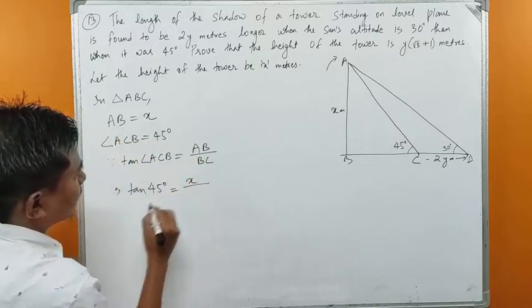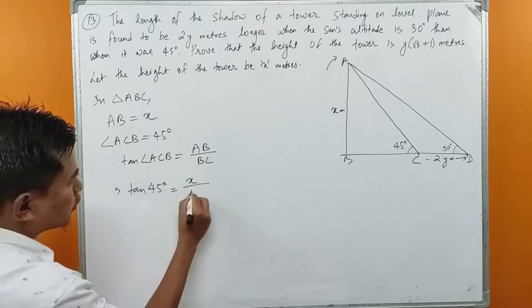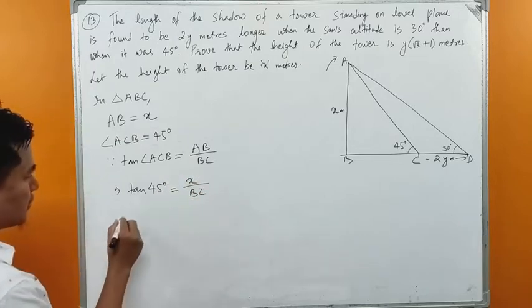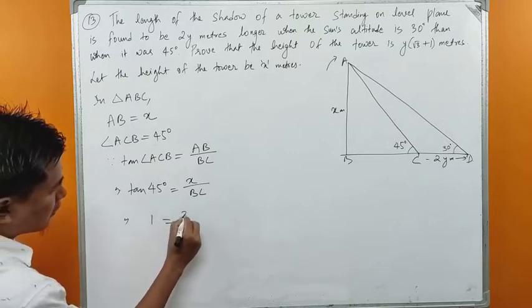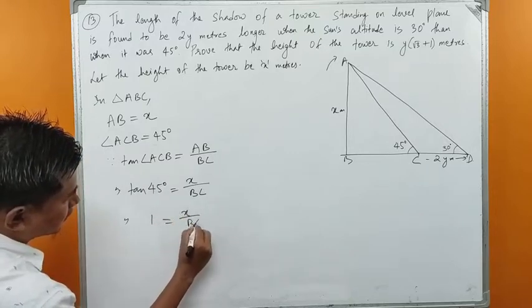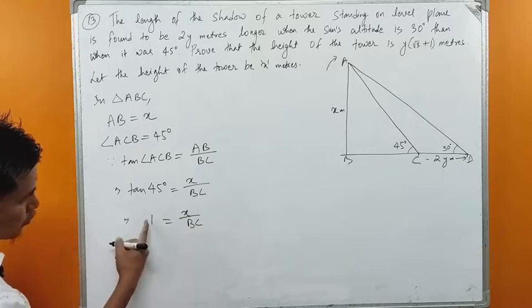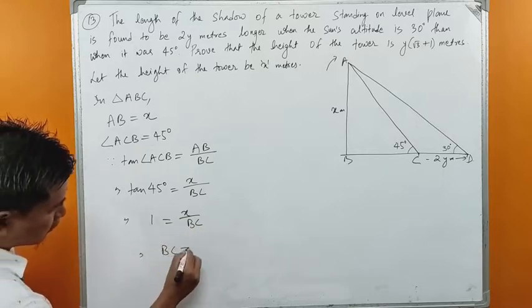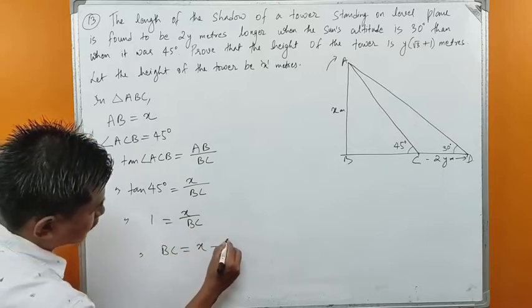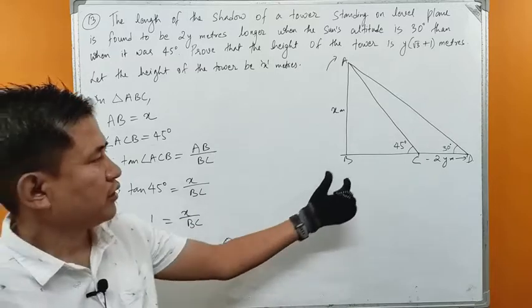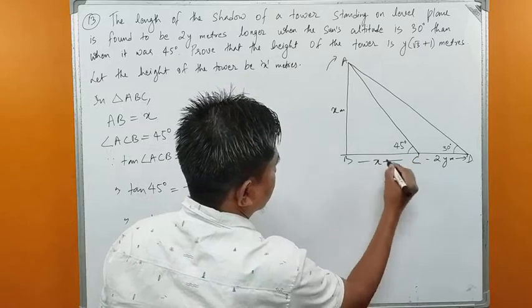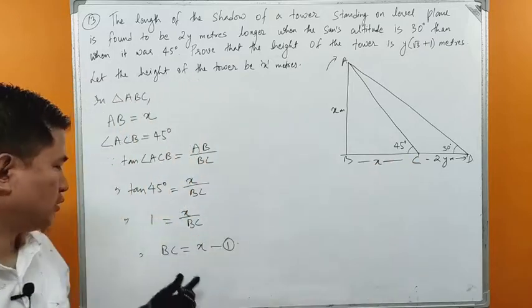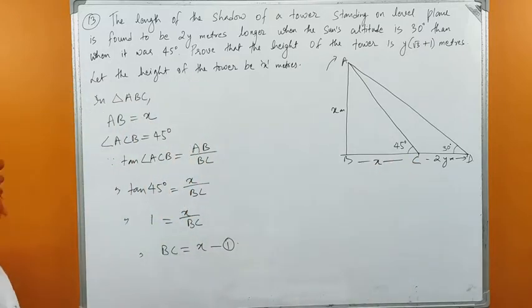We have assumed AB is x. BC, we do not know the value of BC, we write BC. Tan 45 degree means 1 equals to x upon BC, or BC into 1 is BC equals to x. This is equation 1. Okay, so the length of BC is x meters. We found the length of BC to be x meters.